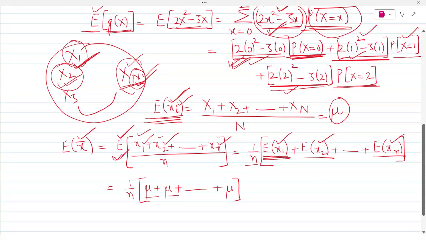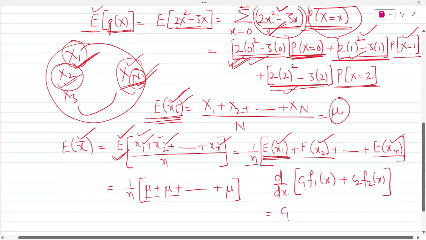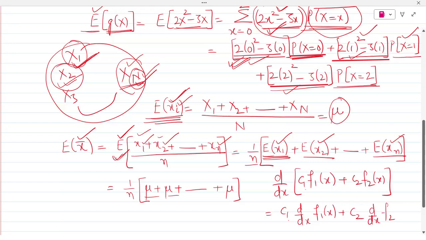One thing here: expectation is linear in nature. Actually, expectation behaves just like differentiation and integration. For example, if you differentiate a sum of n functions, d by dx of c1 f1(x) plus c2 f2(x), this is c1 times the differentiation of the first function plus c2 times the differentiation of the second function, and it goes on like that up to the nth function. So differentiation is linear in nature, and so is integration.